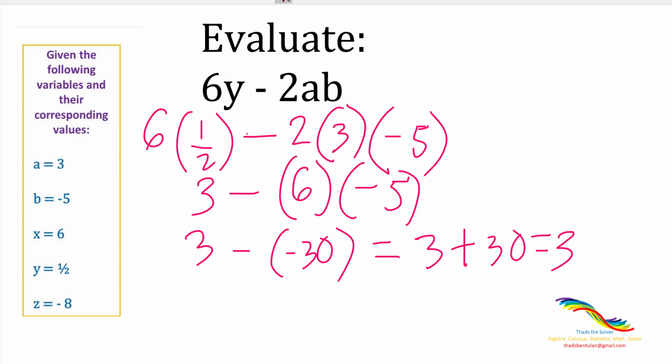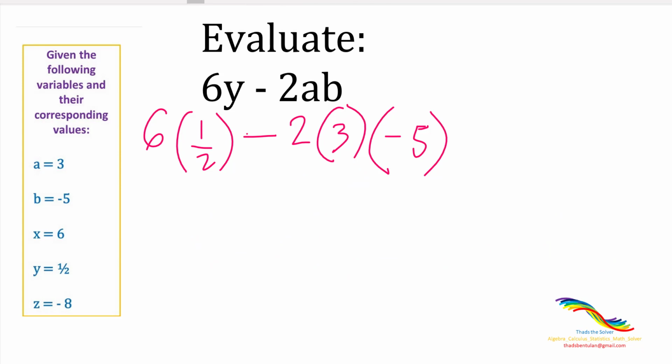Let's summarize what we have done. Sorry, this is 30. How come it wouldn't write 33? Okay, that's 33. So let's proceed. 6y minus 2ab, that is equal to 6 times 1/2 minus 2 times 3 times -5, and comes out as 33.